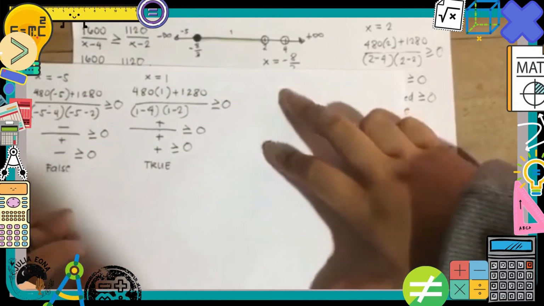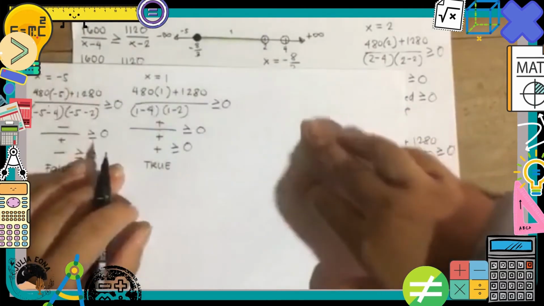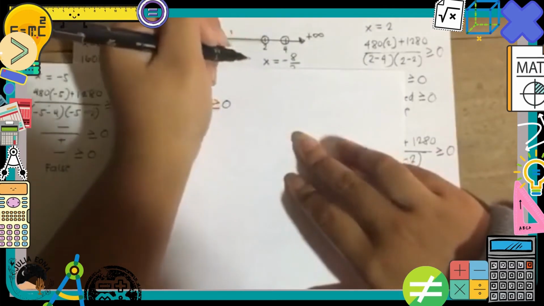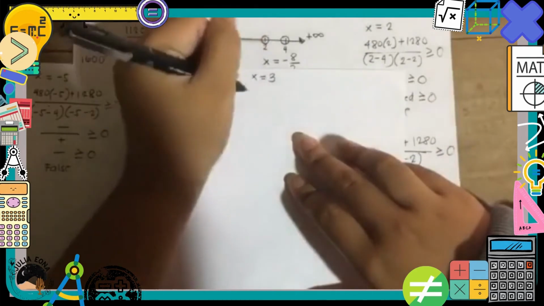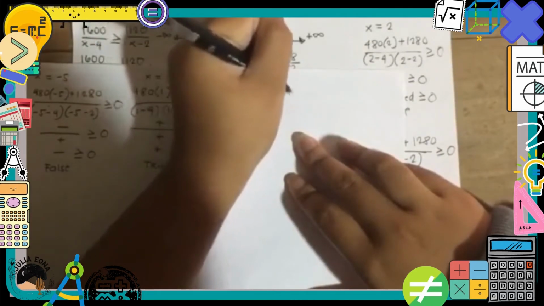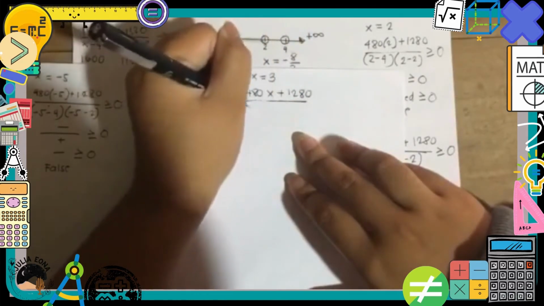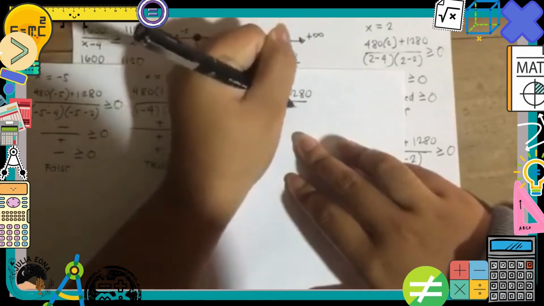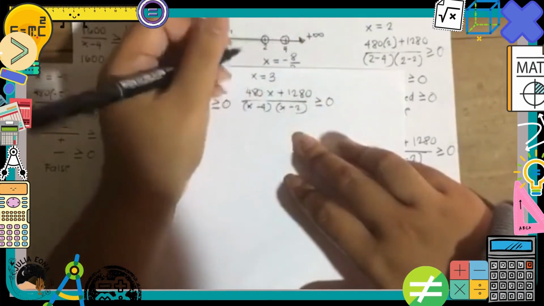Now, let's go to our third range. Let's say we have positive 3. So I'm going to write, then substitute. Let us substitute all x.